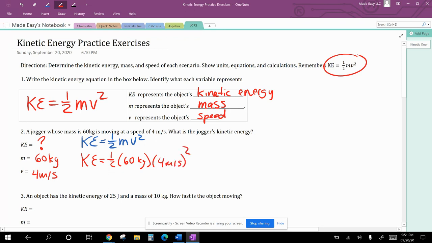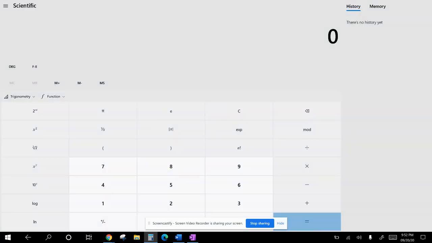We're squaring that. And so if we put that into a calculator, we know that 1/2 of 60 is 30. And then 4 squared, which is the same thing as 4 by 4, is going to be 16. And then we do 30 by 16 in our calculator. Okay, let's use the on-screen calculator so you can see what I'm doing here.